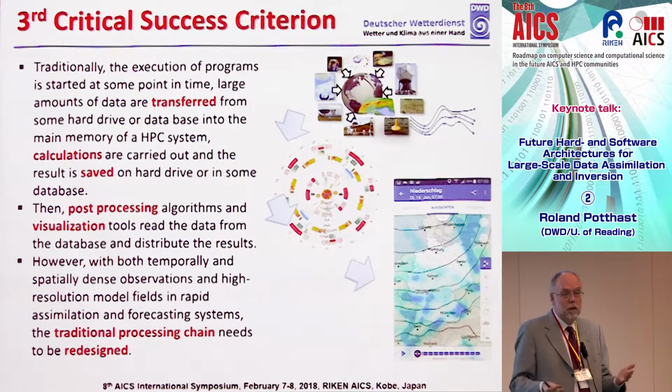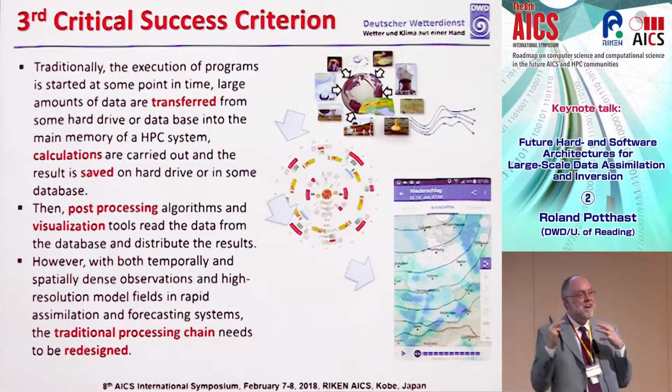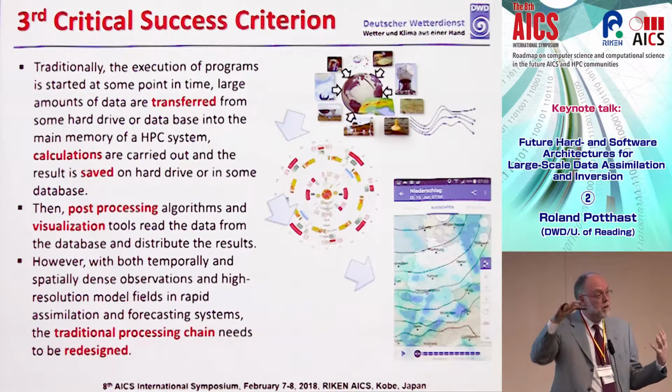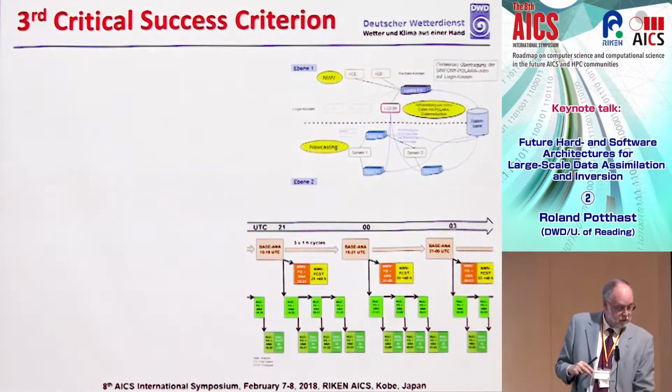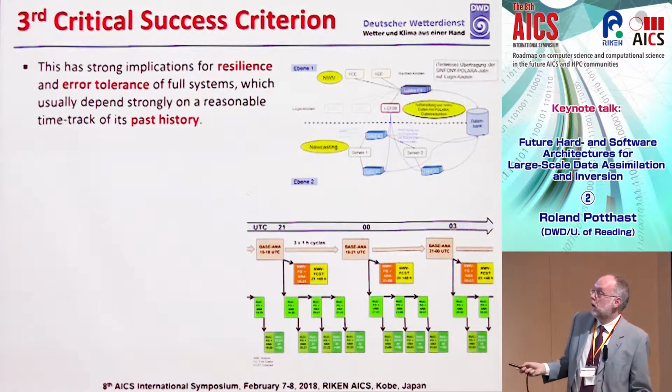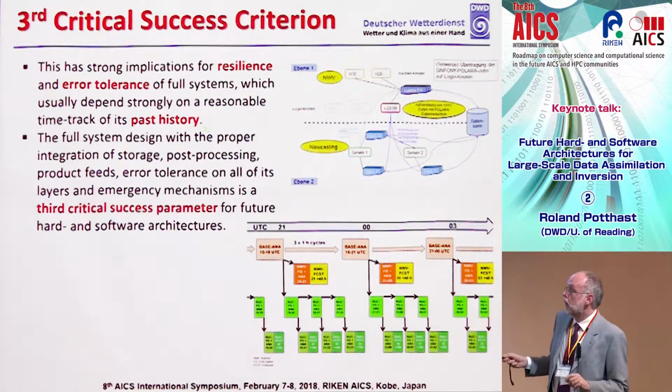And this is called principal components, PC, for the satellite data. So on all levels of the chain, we are thinking about how to deal with the massive information we have. And it has further strong impacts on the resilience and error tolerance of the full system.